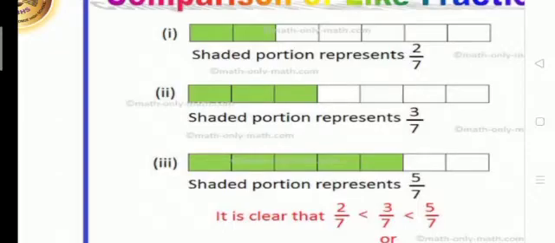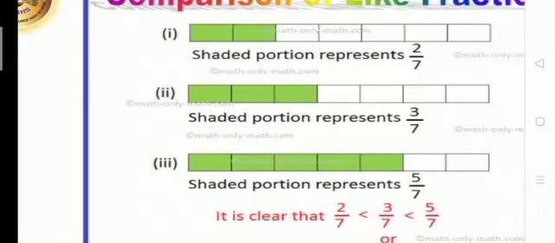In the second strip, 3 parts out of 7 are shaded. The fraction of the shaded portion is 3 by 7. So, 7 represents the total number of parts and 3 represents the number of shaded parts.